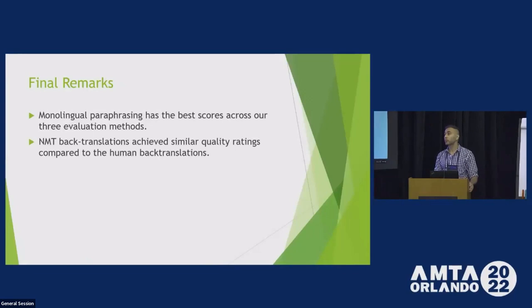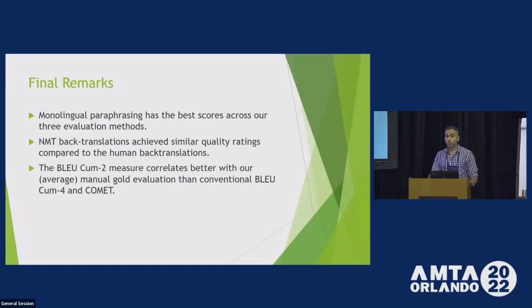The other thing, which is very interesting, is that the neural machine translation system's output achieved similar scores to the human-backed translations, which is something that can also be further studied. And also, we see that our cumulative 2-gram BLEU weight has better scores with our data set than the default cumulative 4-gram BLEU or COMET.